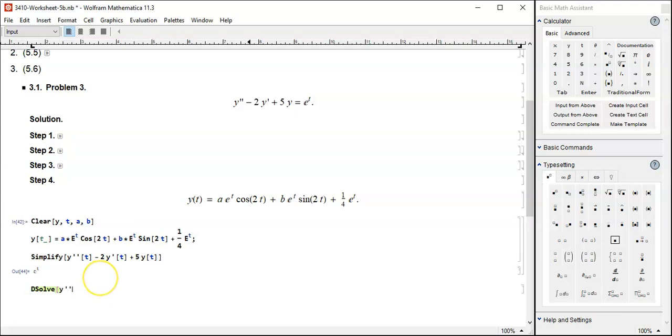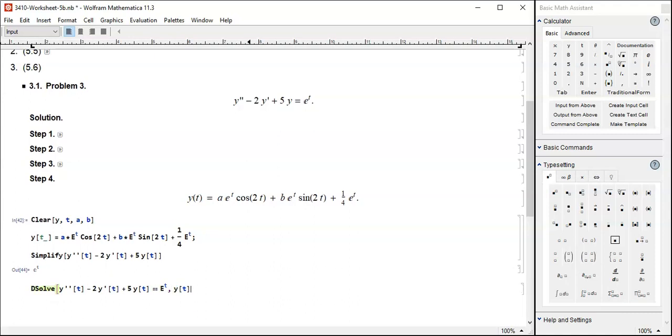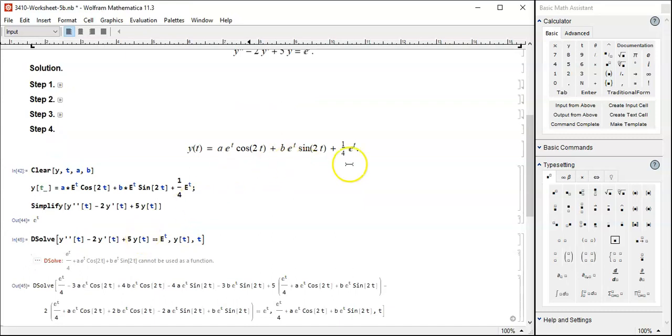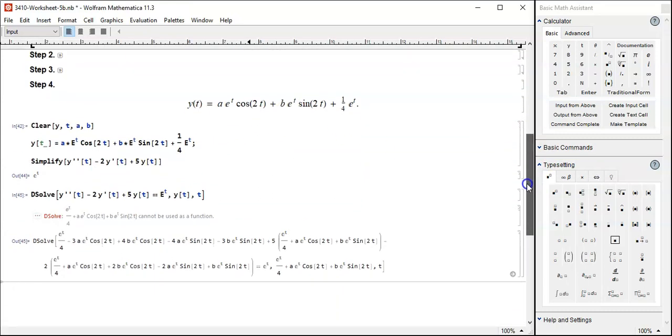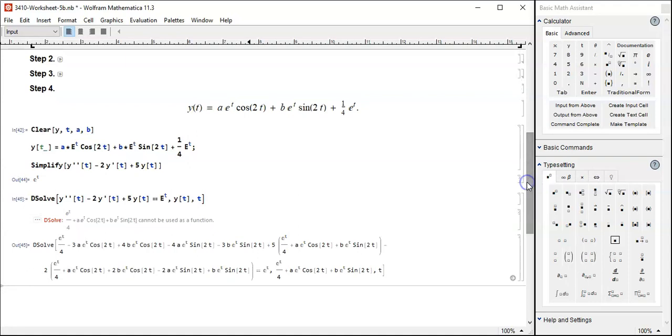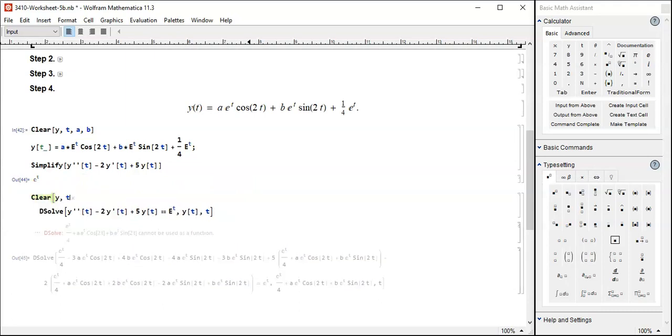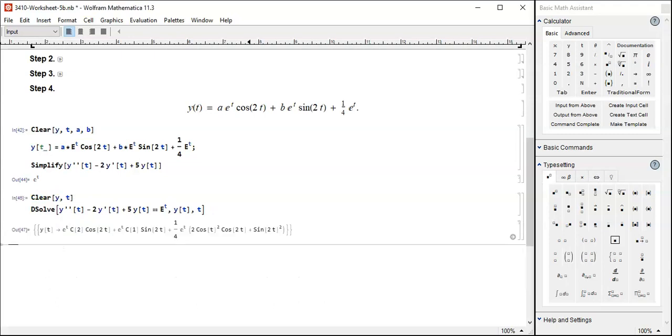DSolve 2y prime of t plus 5y of t is equal to e to the t power, and solve it with respect to y of t with independent variable t. Excuse me, I have to clear the variables.